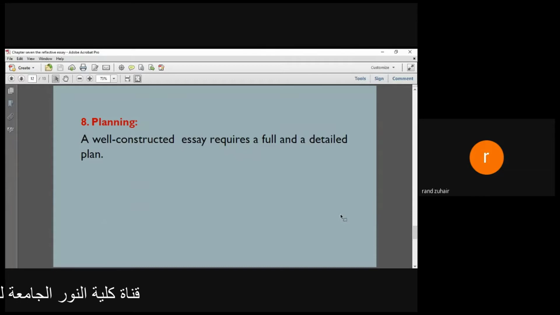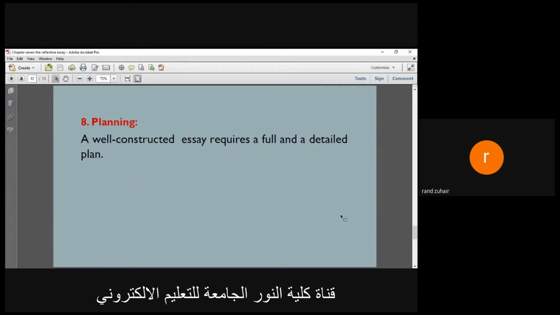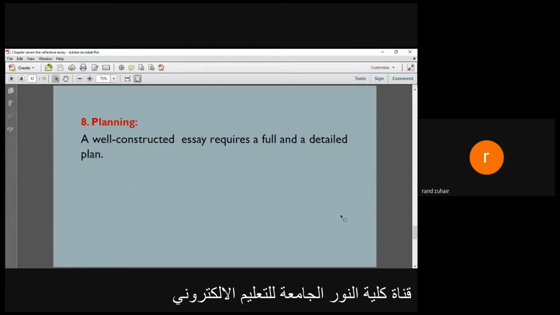A well constructed essay requires a full and detailed plan. You give a detailed plan, and in general you give ideas about it so that it is easy.